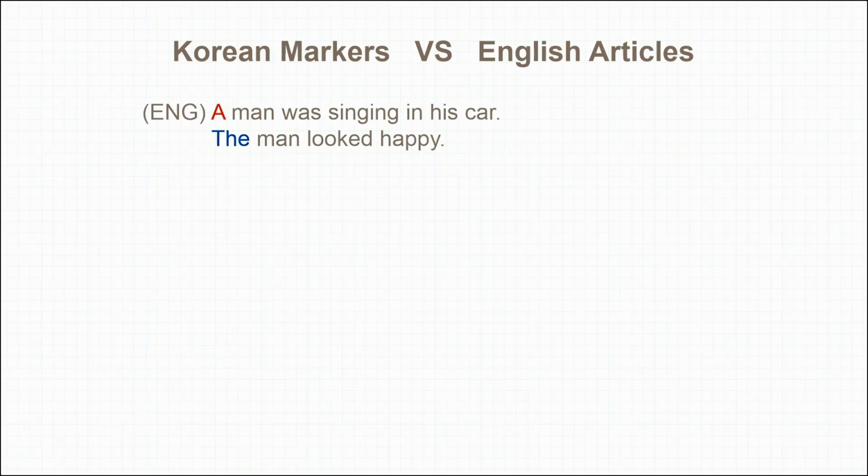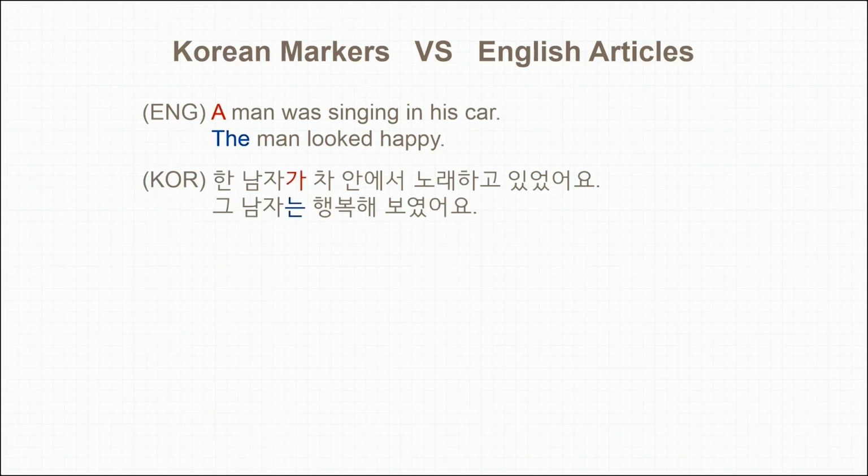For example, you might say, a man was singing in his car. The man looked happy. In Korean, I would say, 한 남자가 차 안에서 노래하고 있었어요. 그 남자는 행복해 보였어요. As you can see, we use 이가 in a similar way to the indefinite article a or an, and 은는 in a similar way to the definite article the.